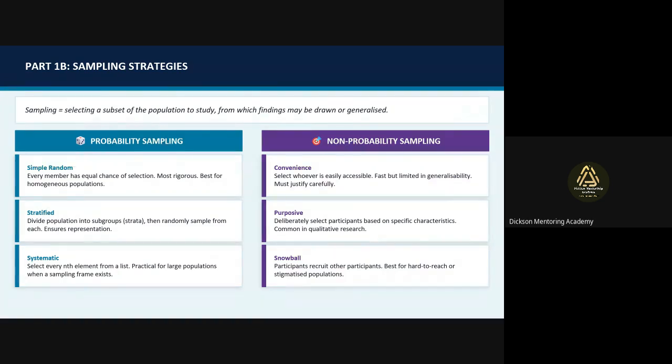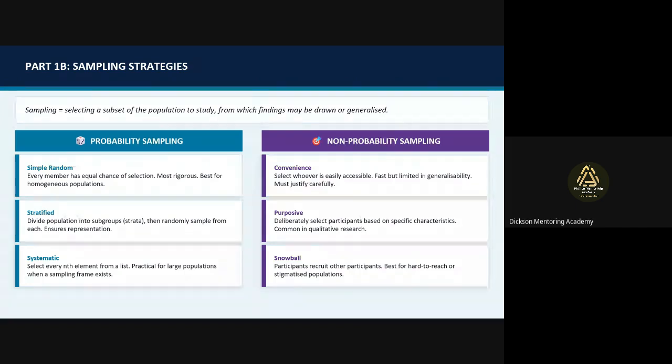Then we have stratified sampling. Here, the population is divided into groups. If, for instance, you want to do epidemiological studies in a community, and you do simple random sampling and just pick anybody, you may end up picking people within a certain demography and not get a representation of everybody.